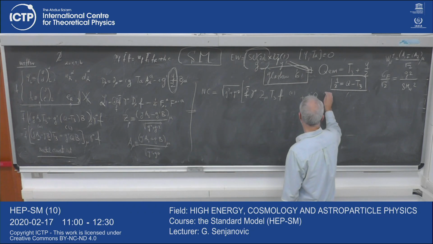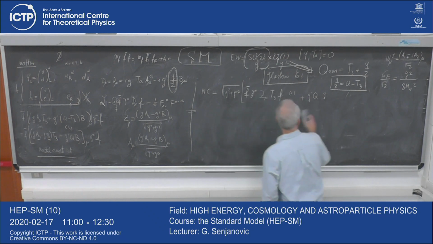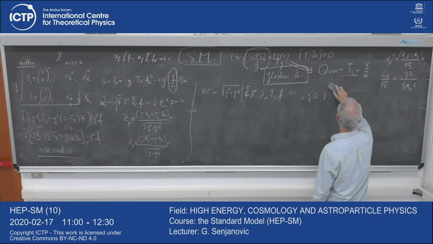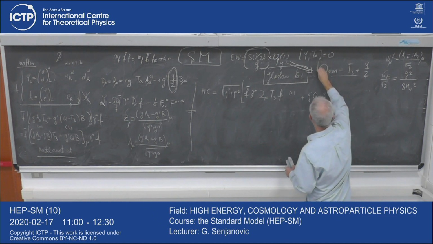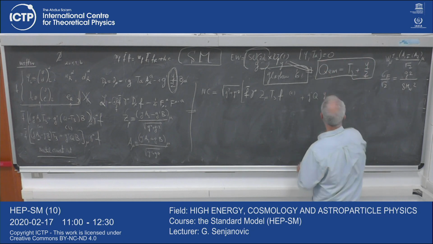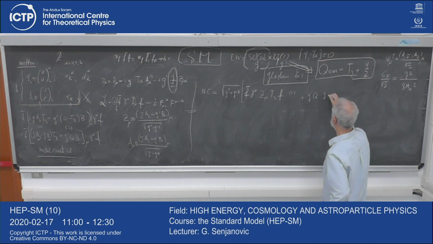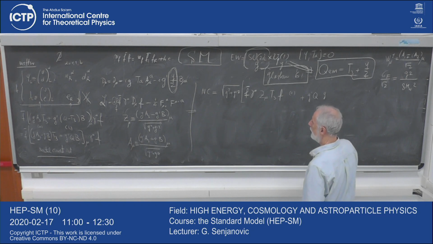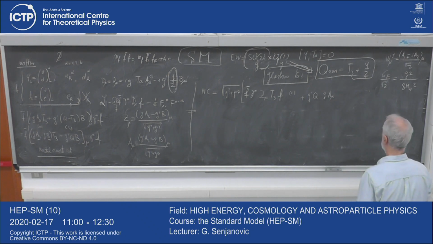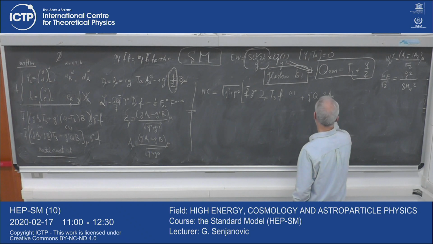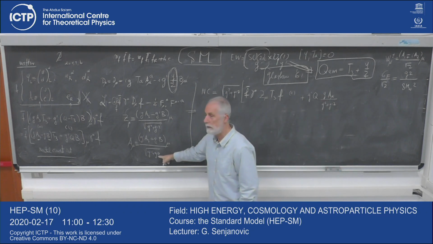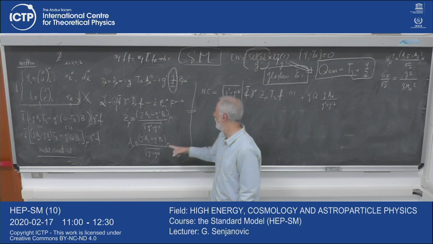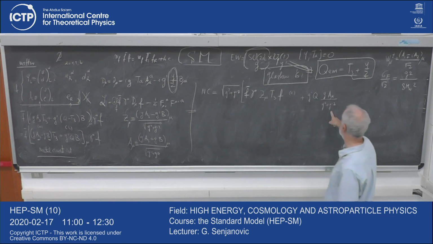B is G A mu divided by G square root, but I took the square root out, so I will have this. You see this?